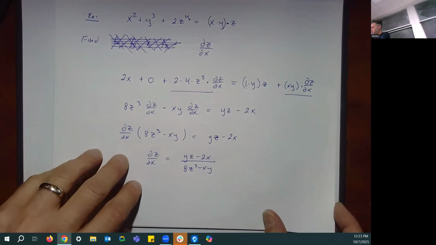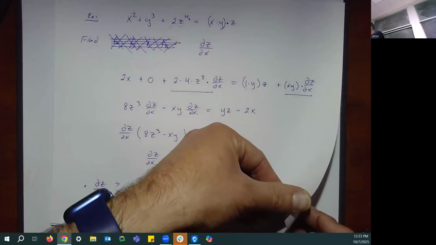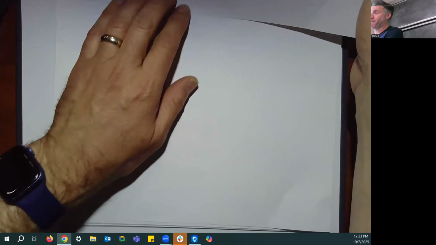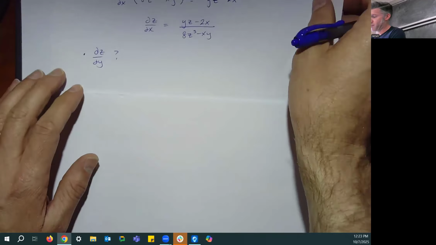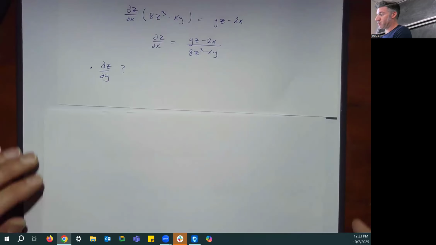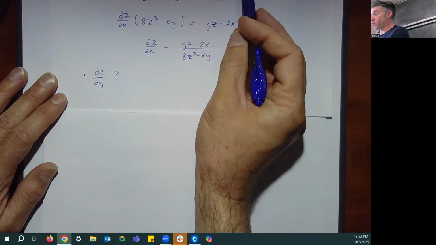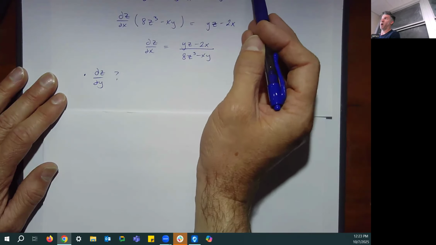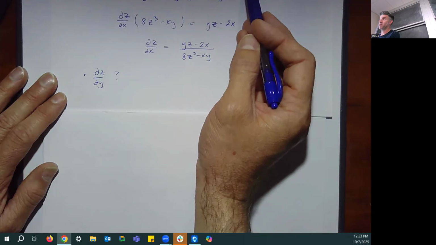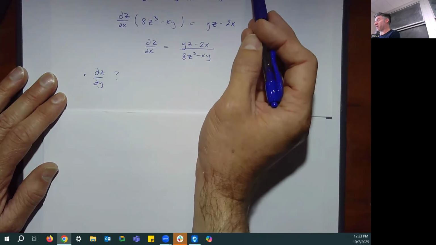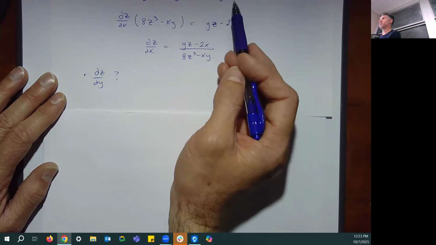So one more partial derivative idea, because I do want to say one more thing. Like 1 times y z. What's 1 times y? Right. So then I just have y times z.